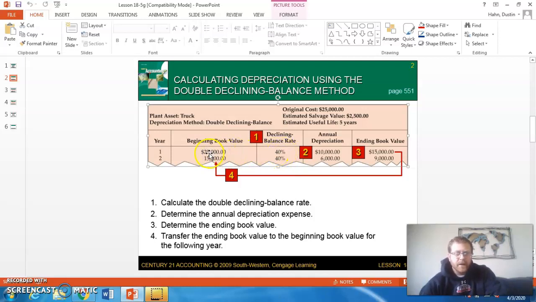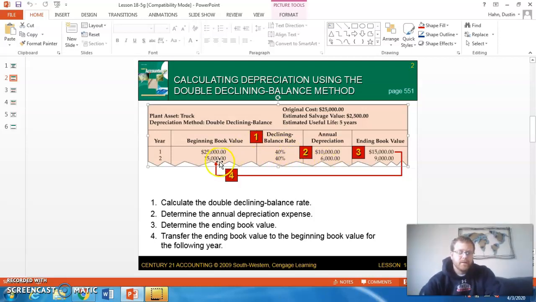$25,000 minus 10,000. So at the end of year 1, this truck is worth $15,000. It depreciated $10,000 in year 1. Bring that $15,000 down. That's the start of year 2, your year 2 book value. Same process. You want to decline it by 40%.